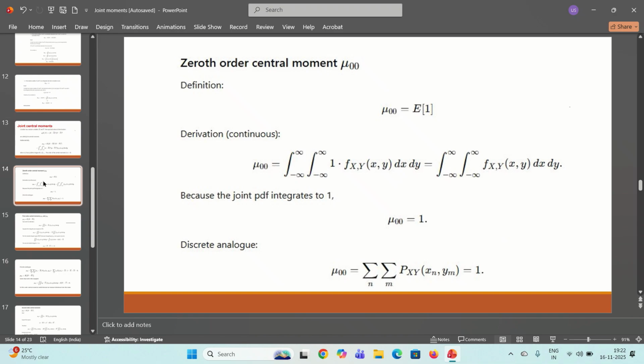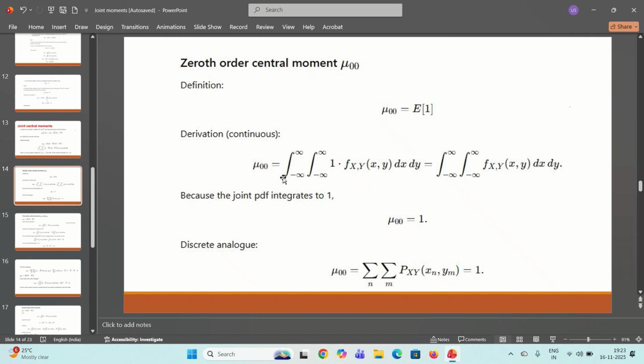Let us see the zeroth order central moment mu 0 0. Mu 0 0 is equal to the expectation of 1 for continuous random variables.